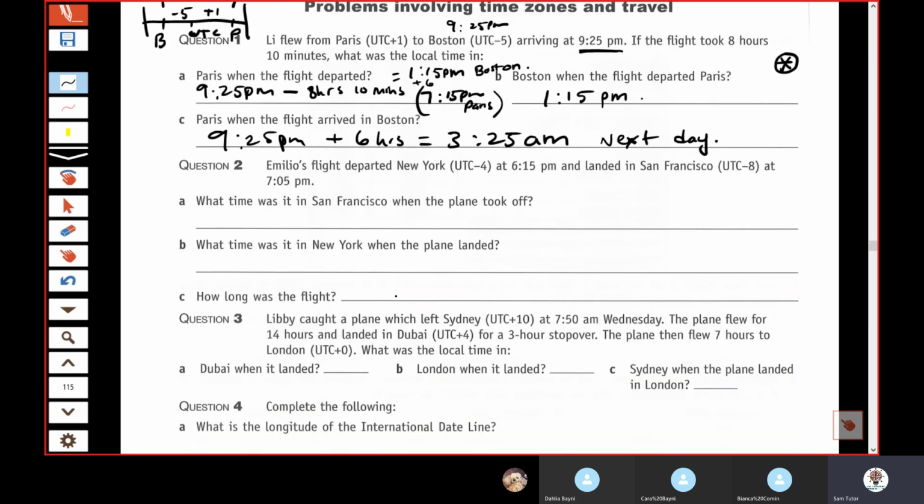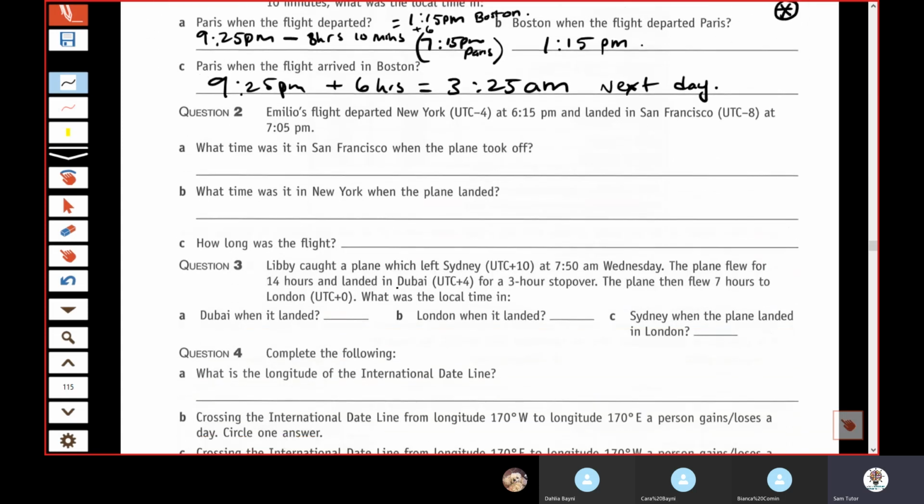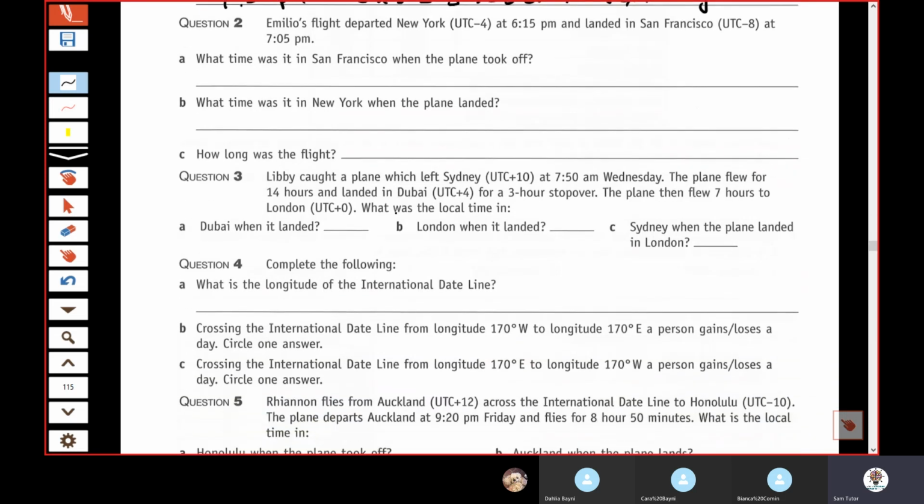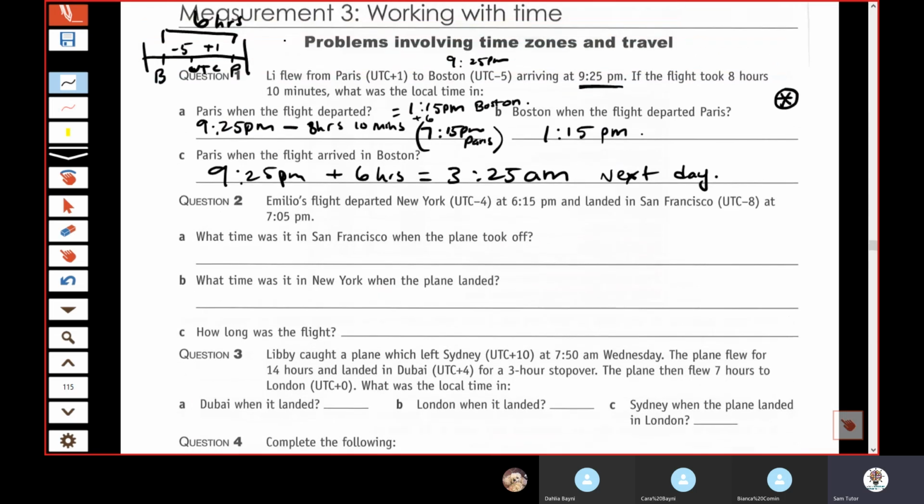All right, let's try another one. Question 2. Again, maybe I'll give you a few minutes, have a read, maybe draw a few things up. Maybe if you want to see my working, have a think about it, and then let's see what we can do.